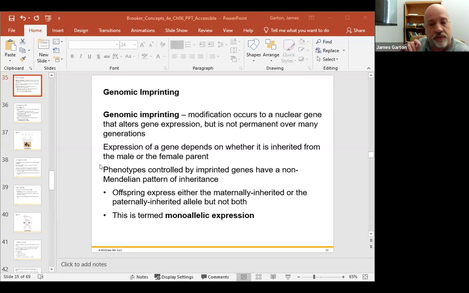And phenotypes controlled by imprinted genes have a very non-Mendelian pattern of inheritance. In genomic imprinting, the offspring will express either the maternally inherited or the paternally inherited allele, but not both of them. And so this is monoallelic expression.